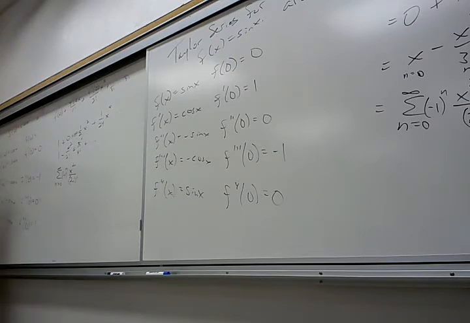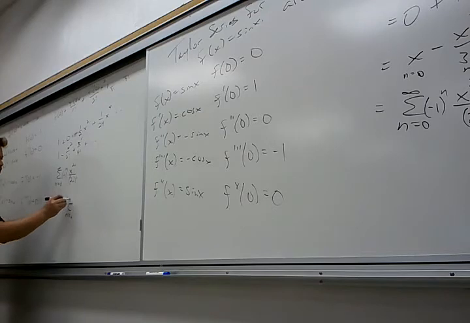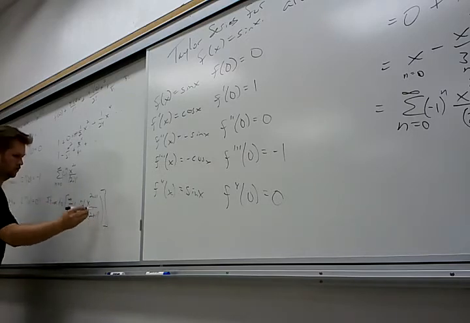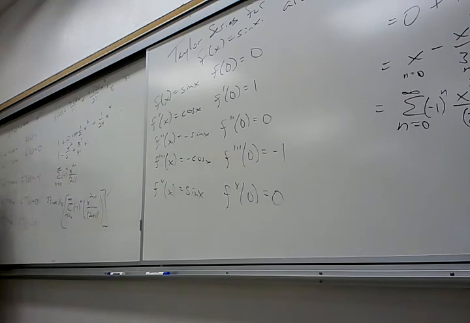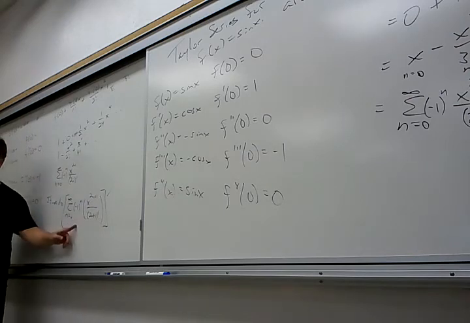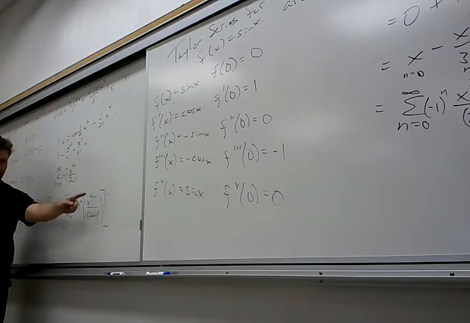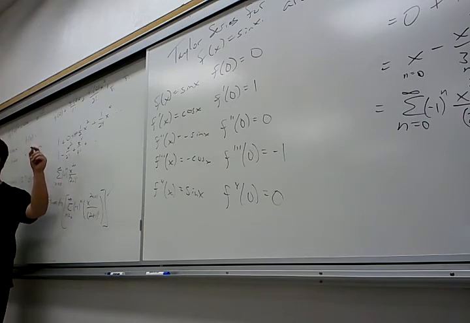Now if I take the derivative of that, that was the power series representation of sine, right? So the derivative of sine, of course, is cosine. I better get this, because that's the power series representation of cosine, right?